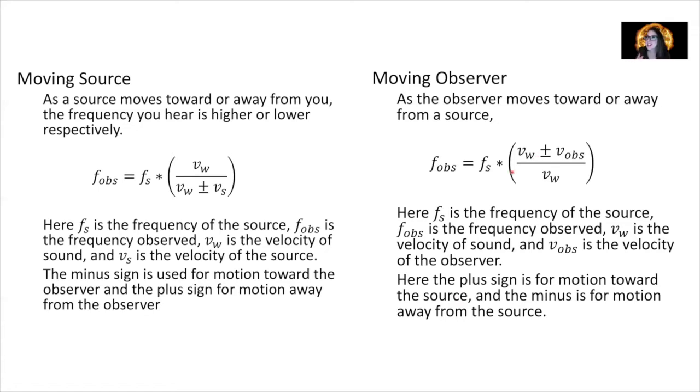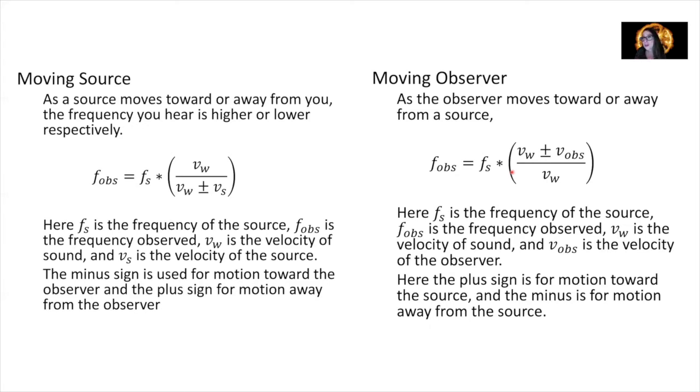So anyway, it's all about the relative speeds. So when you think about which equation you're going to use for the Doppler shift, think about whether you have a moving source or a moving observer. You can also have a moving source and a moving observer at the same time, but we won't get to that this time, okay?